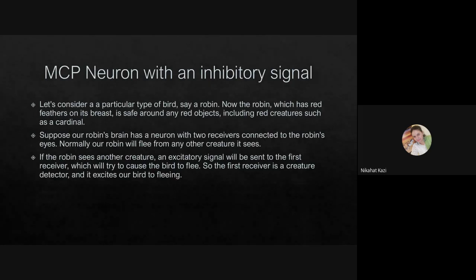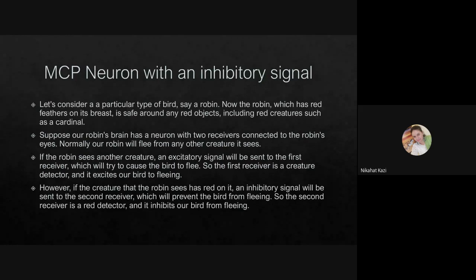Right. So this robin will receive an excitatory signal once it sees another creature. So there is one receiver which we call the creature detector. This creature detector will cause the robin to flee if it sees some creature. Okay.